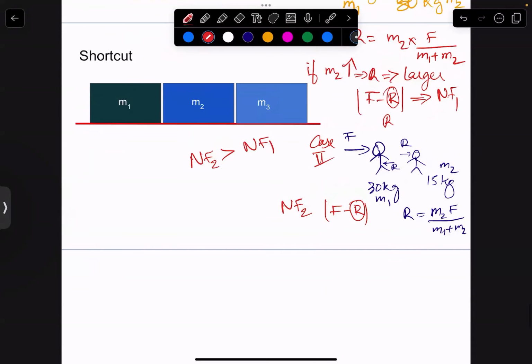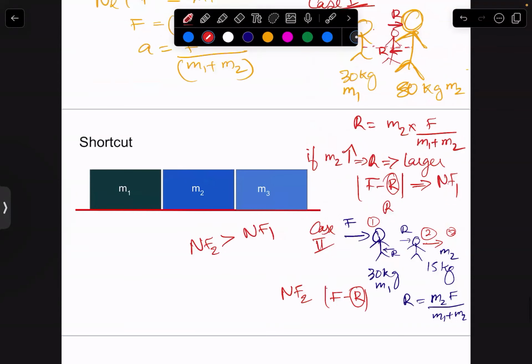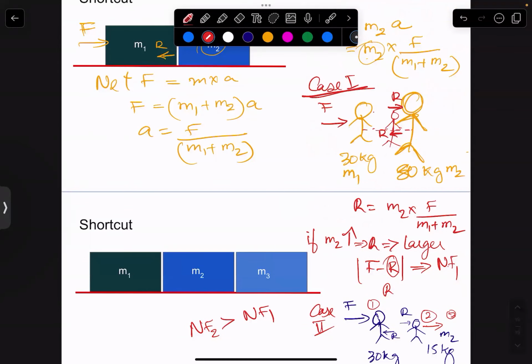So what will happen? This force will push this first child and second child, and they together will go and push a third person and fourth person and so on, and the crowd will suddenly start stumbling on each other. But if this is a man over here and he is heavier than the first person, what will happen?